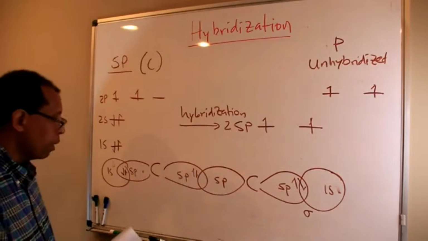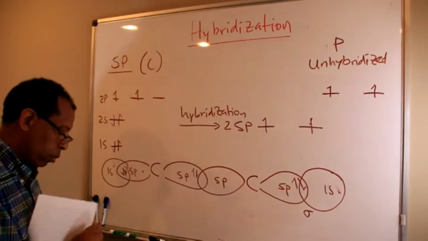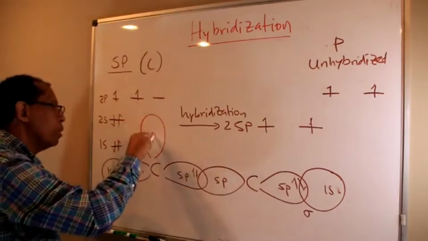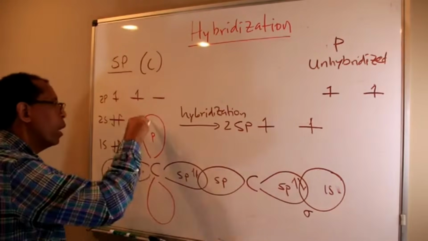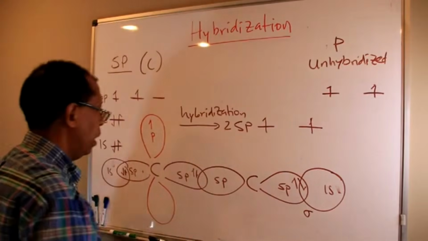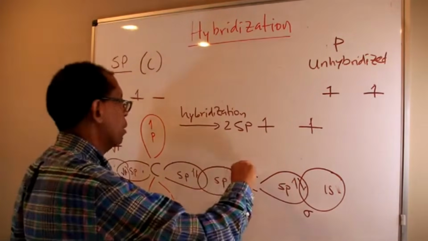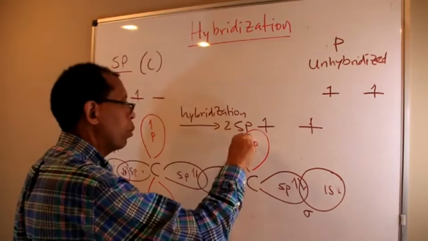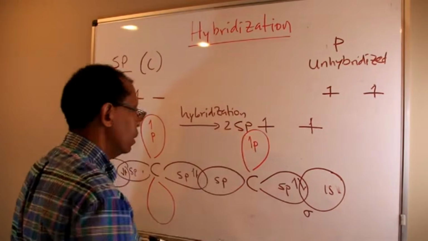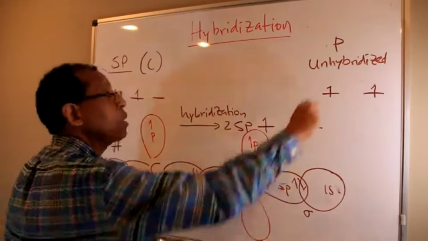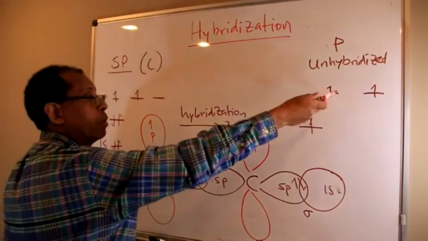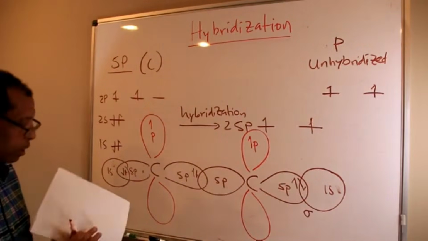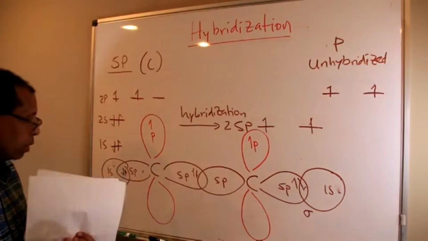So one of them is 90 degrees to the other. You would have this p orbital containing one electron, and the other p orbital similarly would have one electron. They are equal size, but I'll just draw it here. So each of them has, they would have four of them. Now the other p orbital is 90 degrees to the other one.